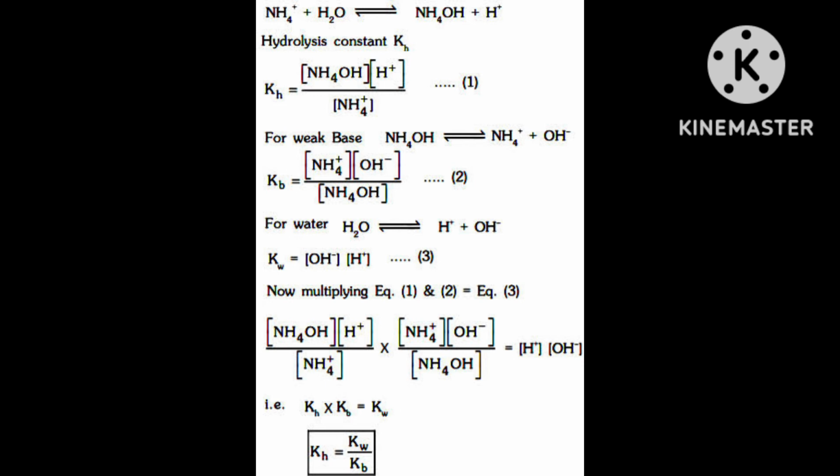After solution you will get 5.64 into 10 to the power minus 10. That is the value of Ka. You have calculated the Ka value, means the ionization constant of the conjugate acid of ammonia.